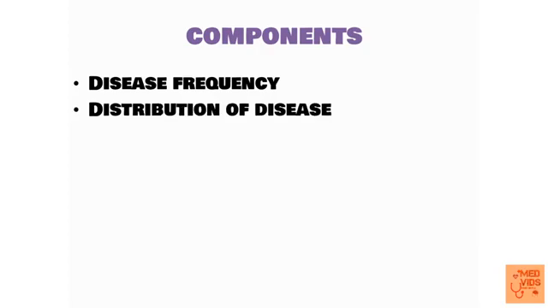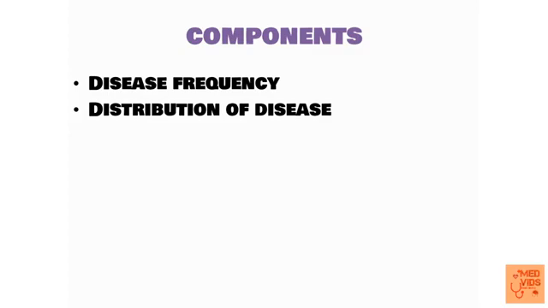So the second most important component of epidemiology is the study of distribution of disease. So it's important to know that the diseases are usually distributed in specific patterns in a population. Specific groups of people in a population are usually involved with some diseases, maybe because they have specific risk factors and all that. Okay, so it's important to remember that this pattern of distribution might give us a clue on what the possible cause or risk factor can be.